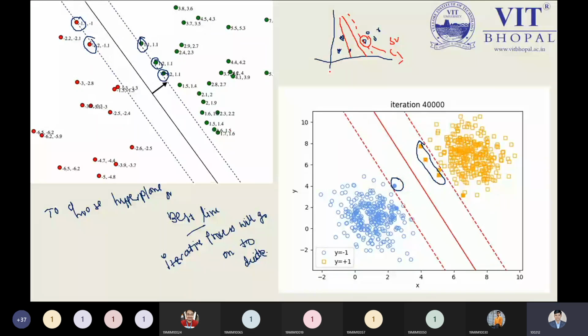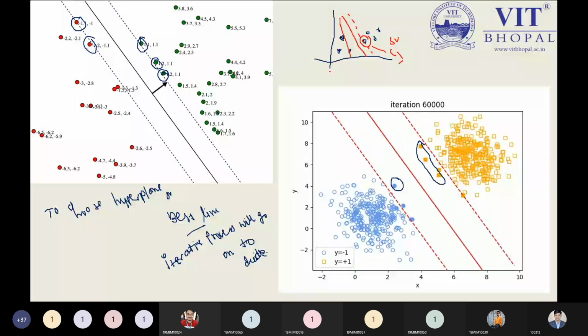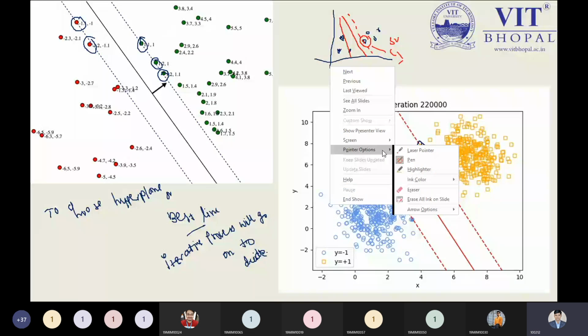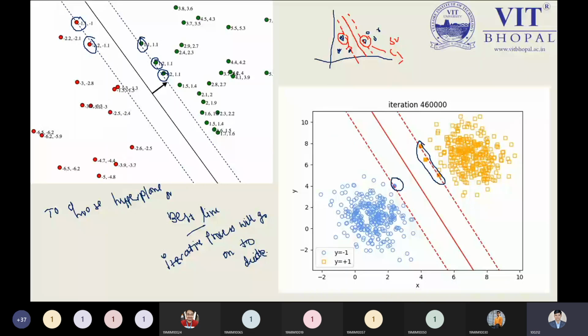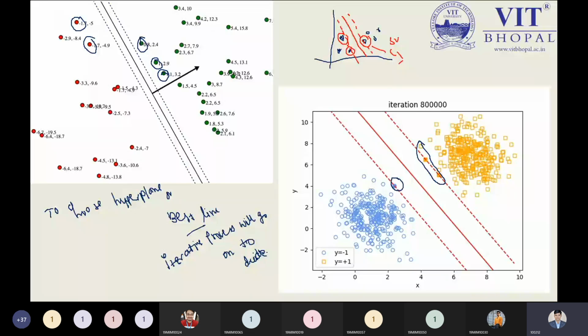So I need to draw the line perpendicularly so that it can touch this one or this one. These could be the two support vectors.